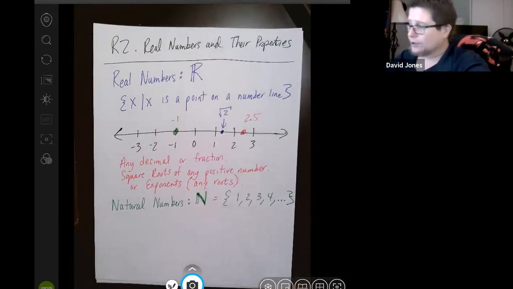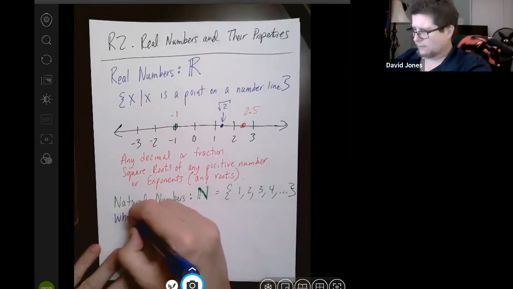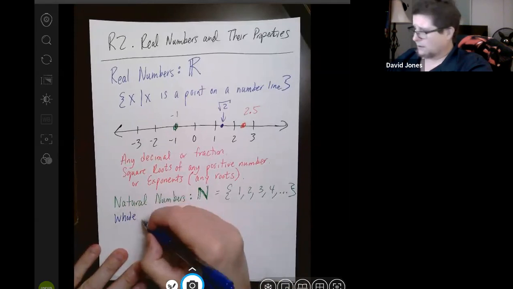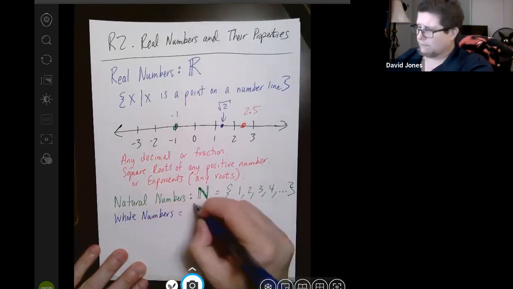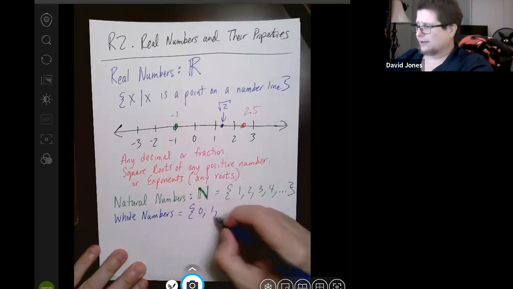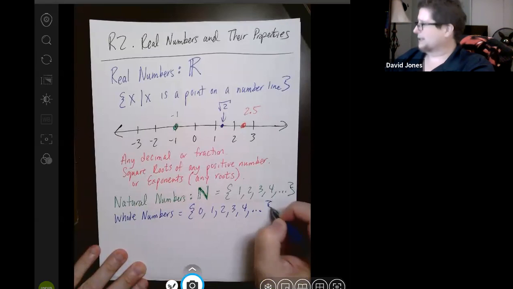Speaking of whole numbers, let's take a look at whole numbers. They include 0. So it's like the natural numbers, but add the 0 in.